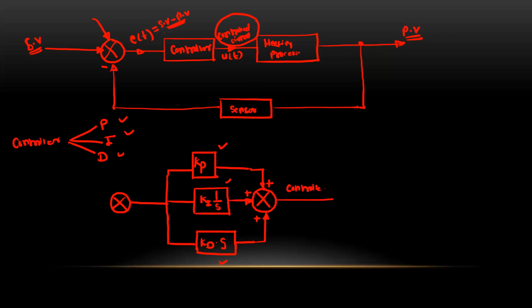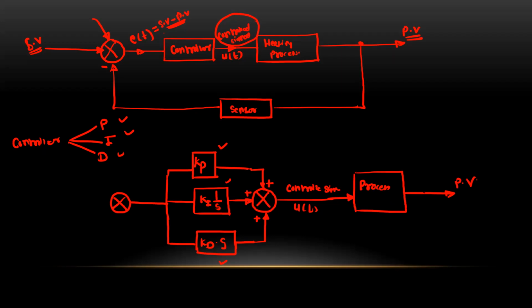So this is the control signal, u(t), and this control signal will decide the proper action for the heating process, so that we can achieve the process value equal to the set value. Here this is the heating process, and finally we get the process value.